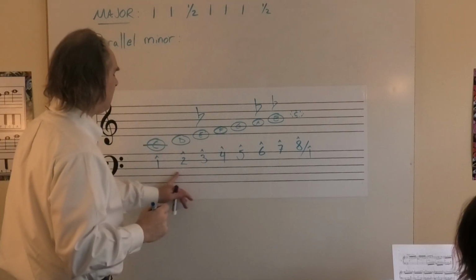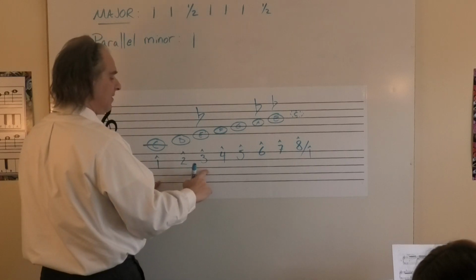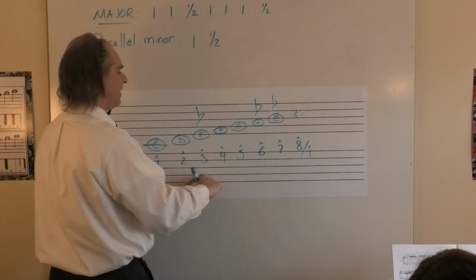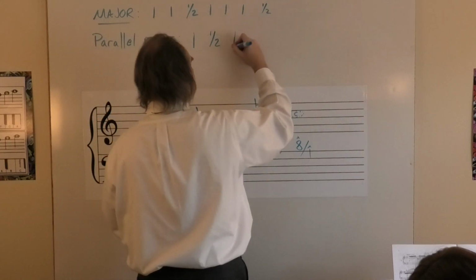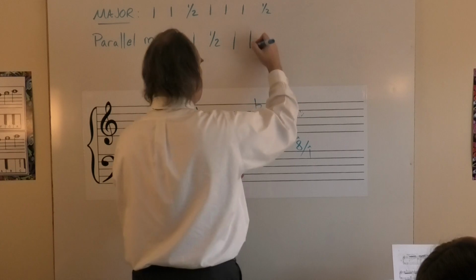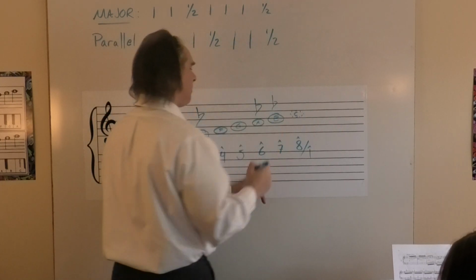Good. Between C and D is a whole step. Between D and E flat is a half step. Between E flat and F is a whole step, because E is in between that. Between F and G is a whole step. Between G and A flat is a half step.